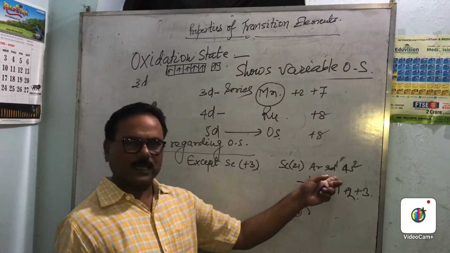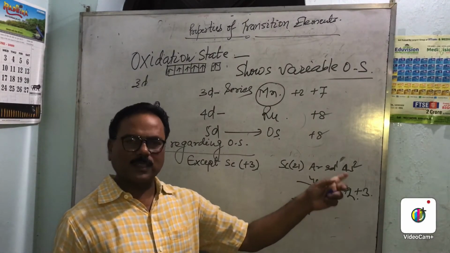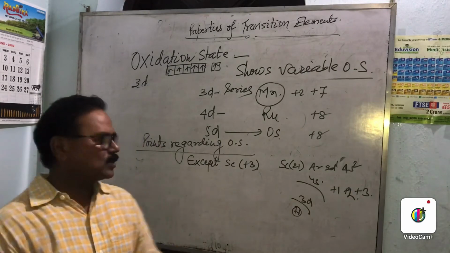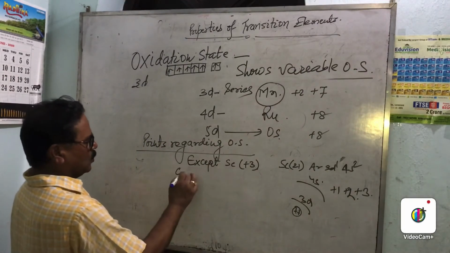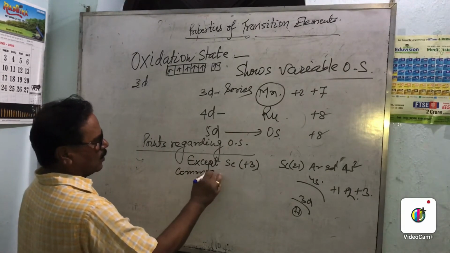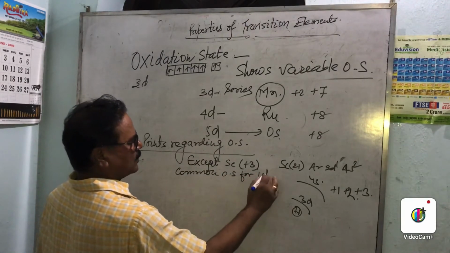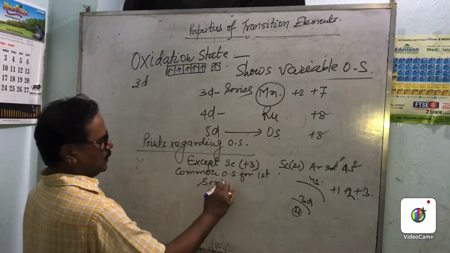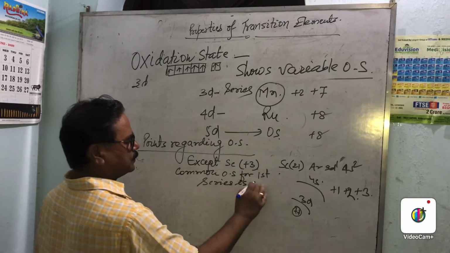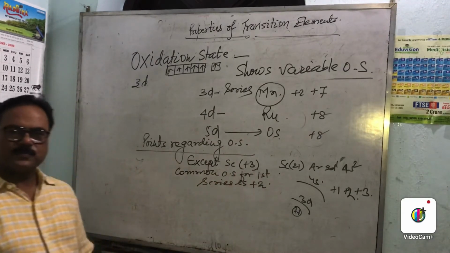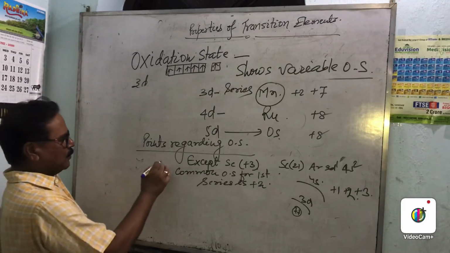So its removal is very stable. That's why the common oxidation state for the first series is +2. Right? This is the first point.